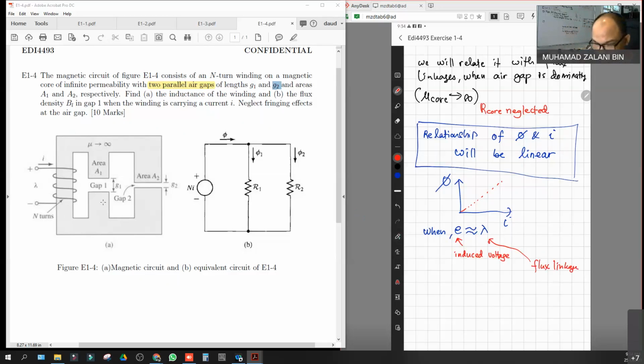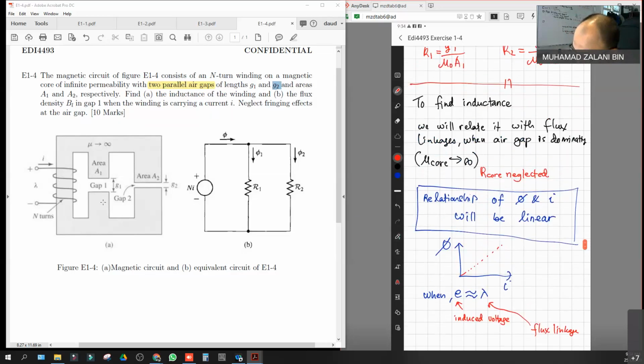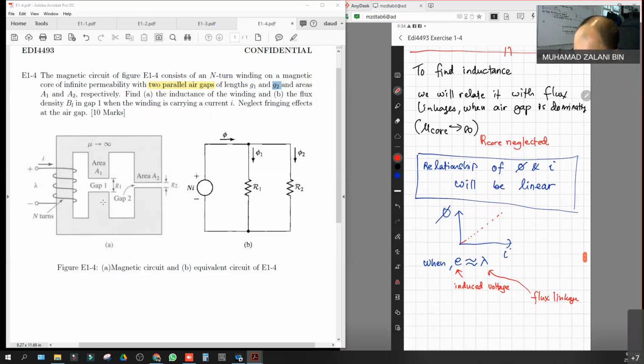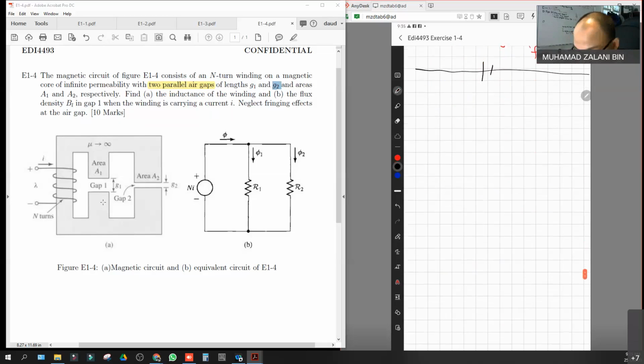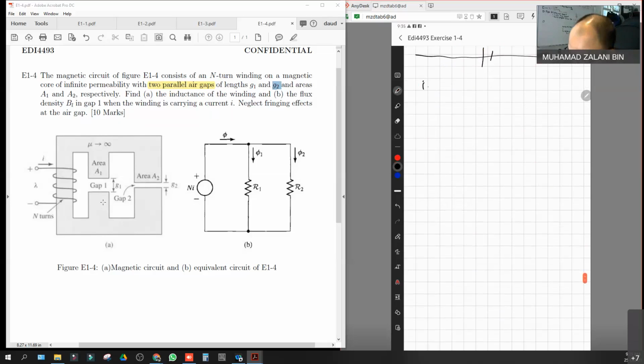So, when we can relate that, you remember the equation E equals Li?